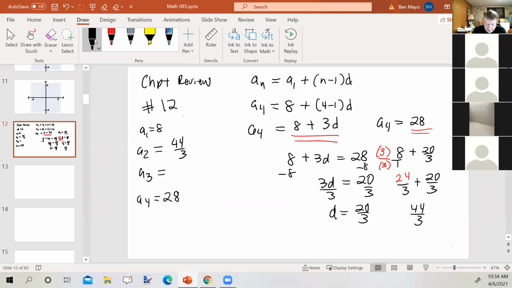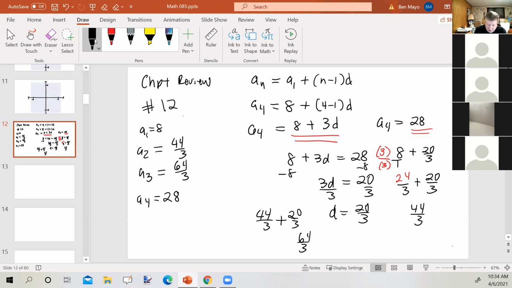Now, we're going to take a sub 2, 44/3, plus d, 20/3, to get a sub 3. So we've got 44/3 plus 20/3, which is 64/3. Okay.